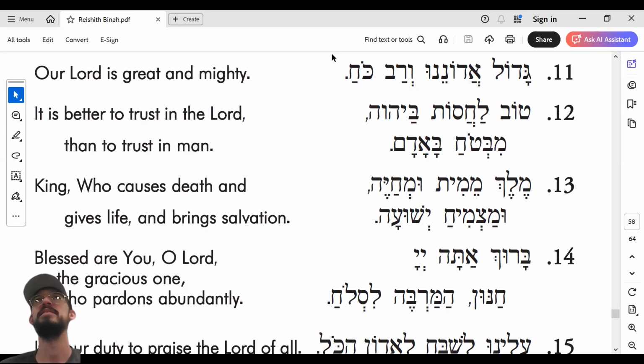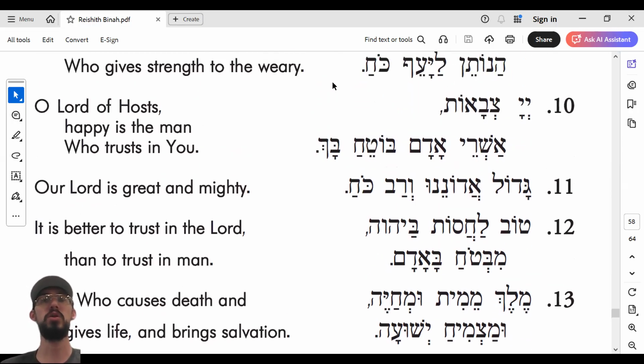Koach. Yes, koach. So Gadol Adonenu v'Rav koach. So our Lord, great, and mighty. Here Rav is translated as mighty, but we said earlier that koach is strength.